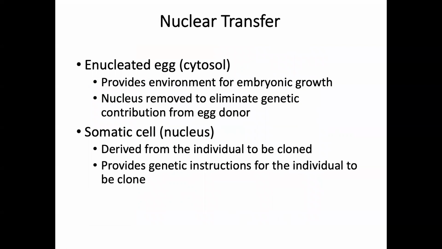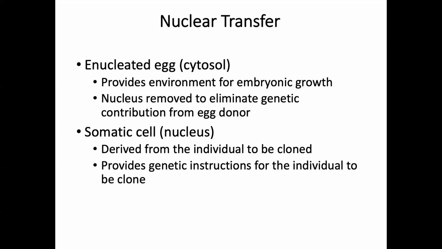Nuclear transfer is a completely different procedure, okay? It is also called SCNT, that means somatic cell nuclear transfer. As it's named, this technology needs both an oocyte, meaning the unfertilized egg, and a somatic cell.